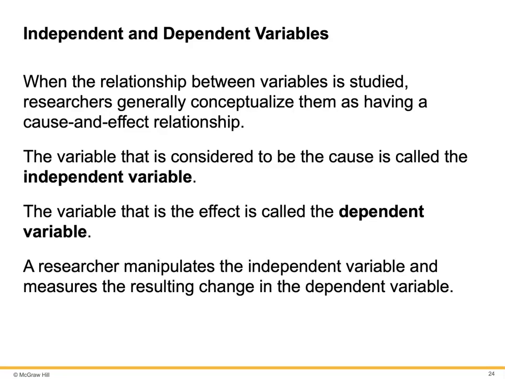The basic idea is that the researchers make changes in the independent variable and then see if the dependent variable changes in response. The variable that is considered to be the cause is called the independent variable, and the variable that is the effect is called the dependent variable. So the researcher manipulates the independent variable and then measures the resulting change in the dependent variable.